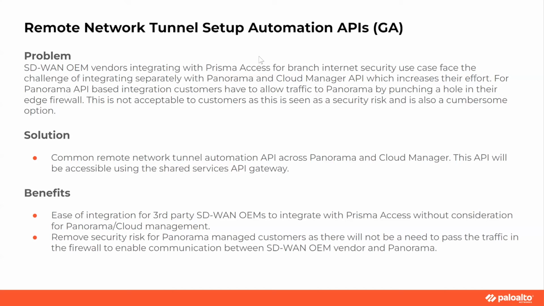So what this particular feature does is that it basically creates a common remote network tunnel and automation API for both Panorama as well as Client Manager. And this will be accessible through our shared service API gateway. All right. This will help the ease of integration between any third-party SD-WAN OEMs who are trying to integrate with Prisma Access.